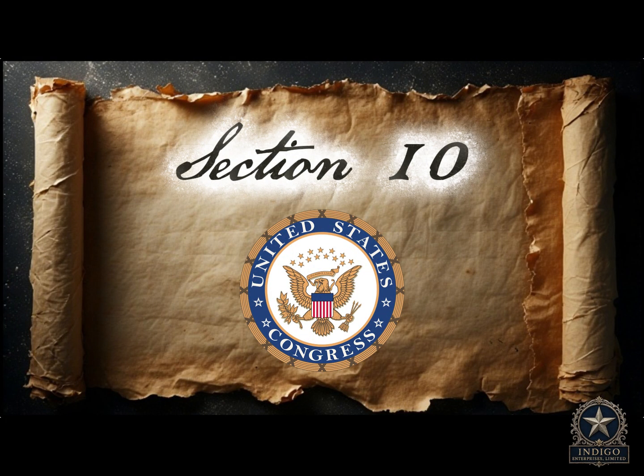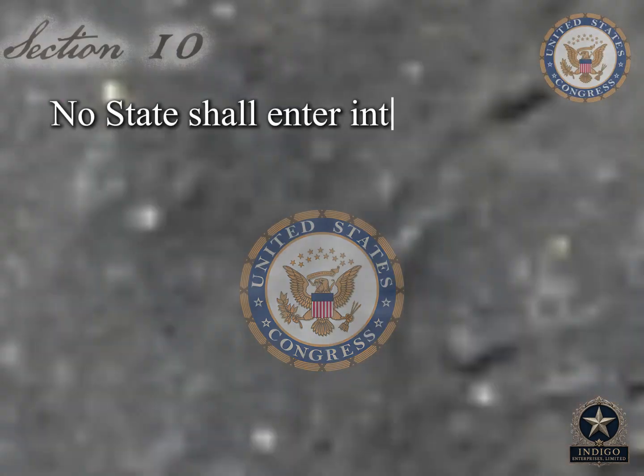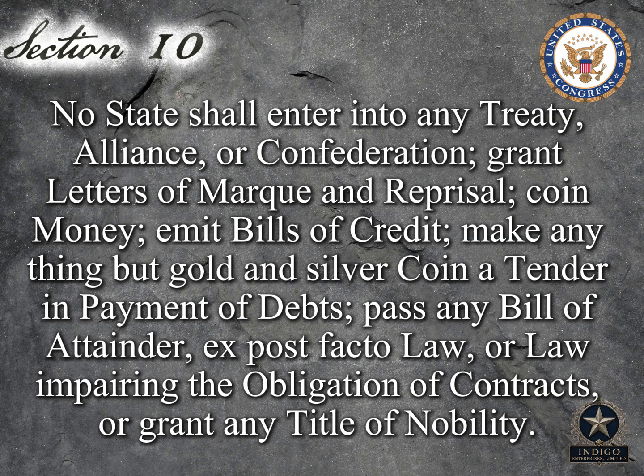Section 10. Limits on the states. No state shall enter into any treaty, alliance, or confederation, grant letters of marque and reprisal, coin money, emit bills of credit, make anything but gold and silver coin a tender in payment of debts, pass any bill of attainder, ex post facto law, or law impairing the obligation of contracts, or grant any title of nobility.